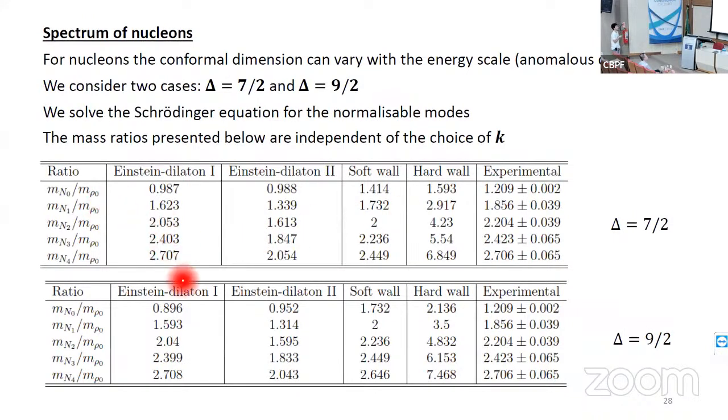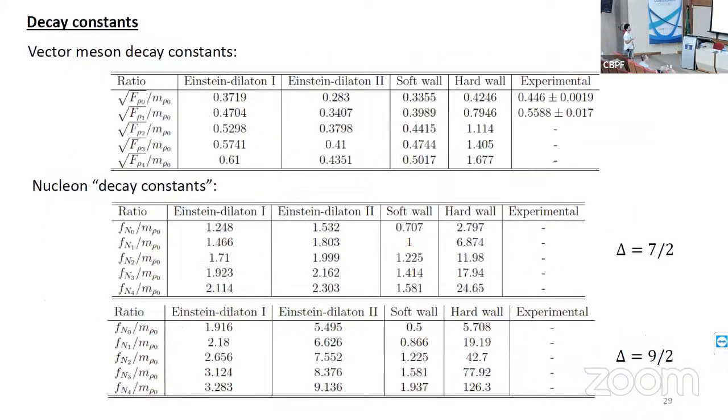Also, we find two interesting scenarios according to the conformal dimension, and that also improve, at least for the high excited states, the comparison to experimental data compared with previous approaches like soft wall and hard wall. So these are the main results. The K constants also we managed to calculate. We have few places to compare, but we intend to look for some other works, or even theoretical works, to see how we do. So that's it.